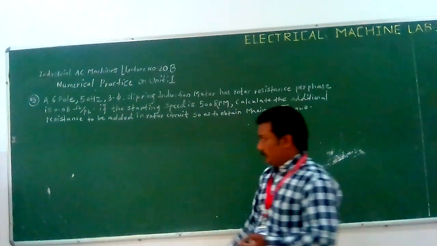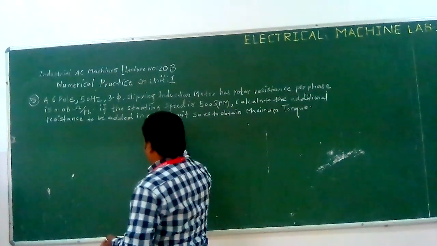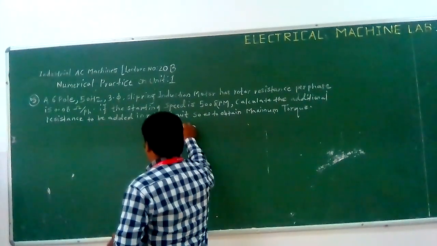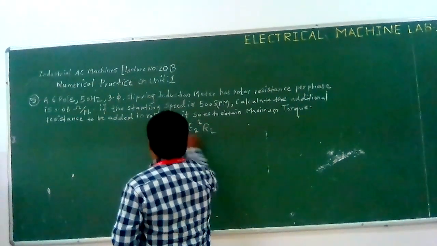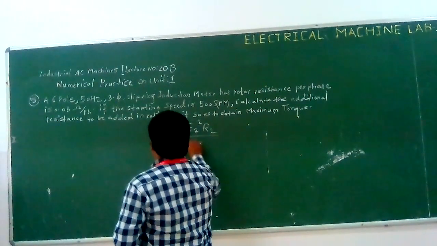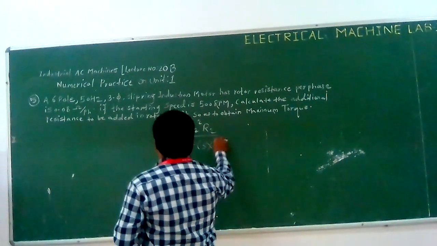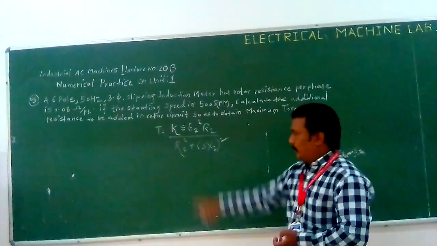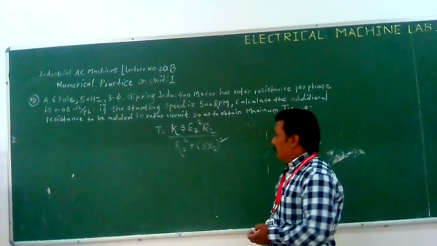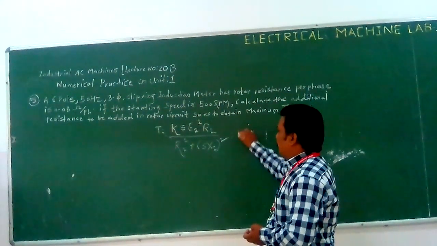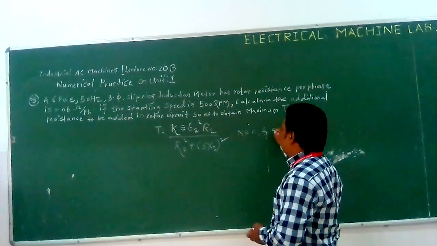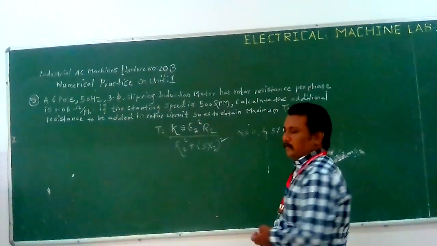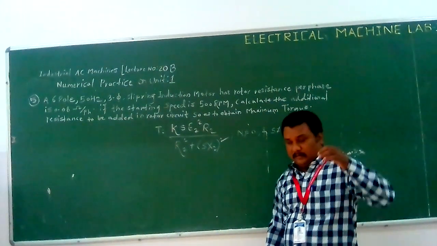We know that the torque equation is K S E2 square R2 divided by R2 square plus (S X2) whole square. This is the torque equation under running condition. In this case, N is not equal to 0 and S is not equal to 1 under running condition.